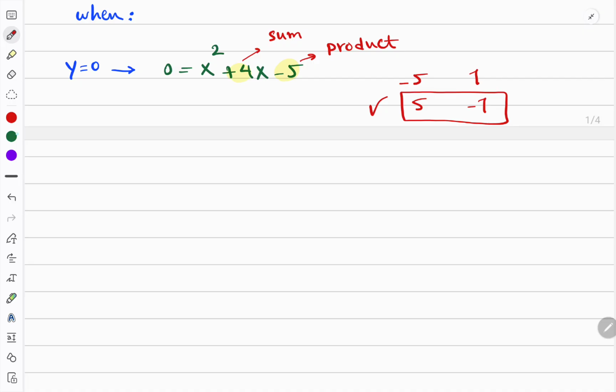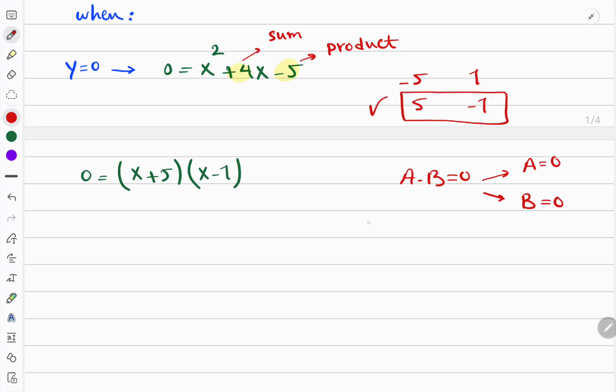So we can write 0 equals x plus 5 times x minus 1. This is the sum and product rule. And according to the null factor rule, if a times b is 0, then a is 0 or b is 0. We call this the null rule.